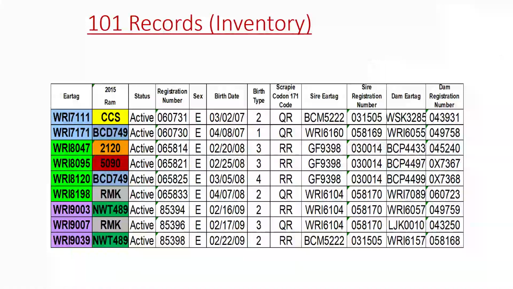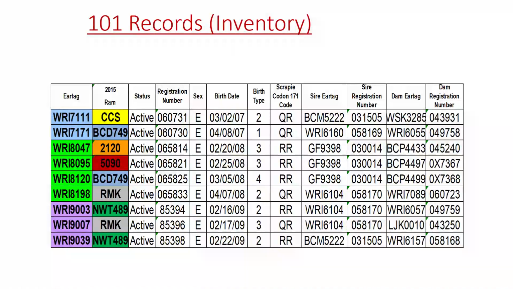This is just a basic inventory sheet. This is just some of my animals. I've got an ear tag or ID number. The status, are they active in the flock? Has she been culled? Did she die? When was she born? What was her birth type?